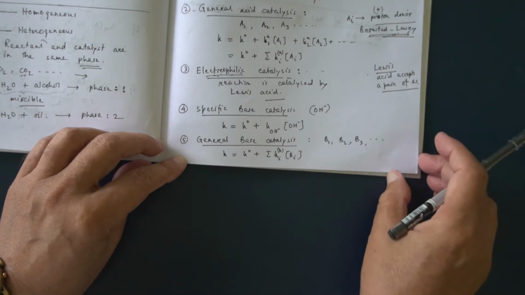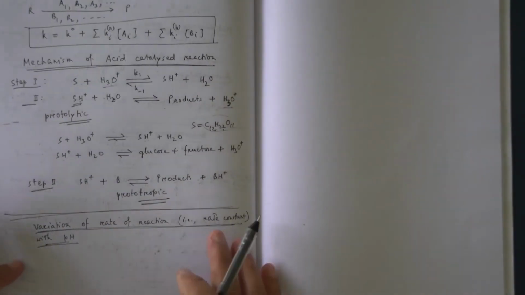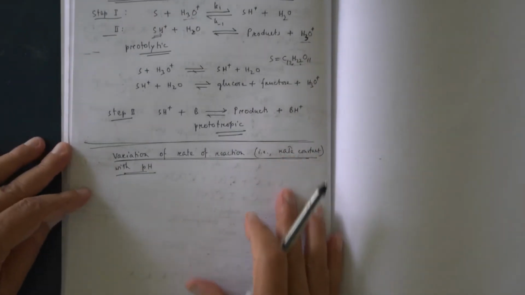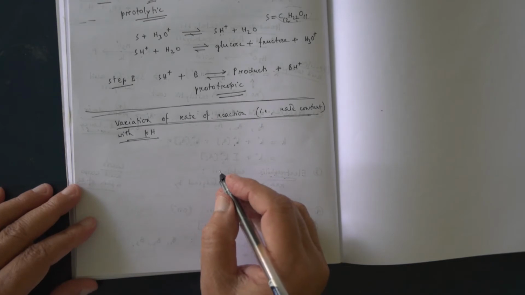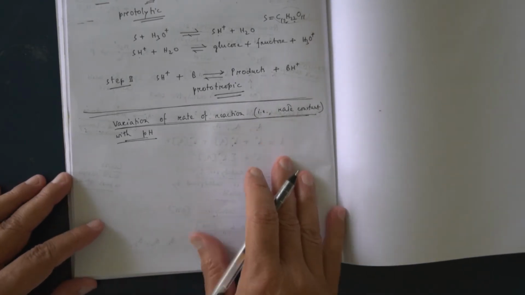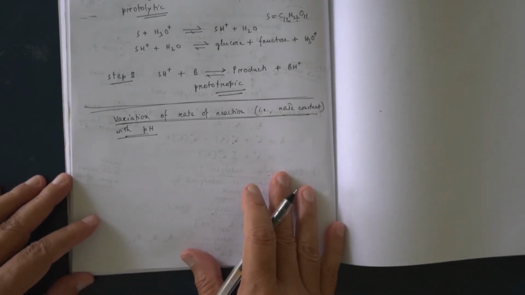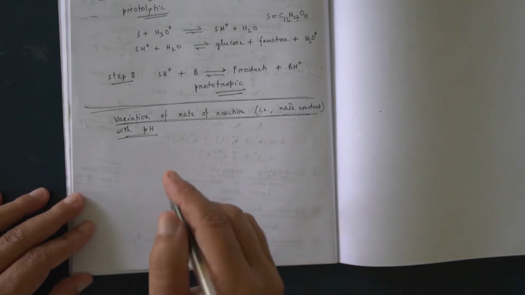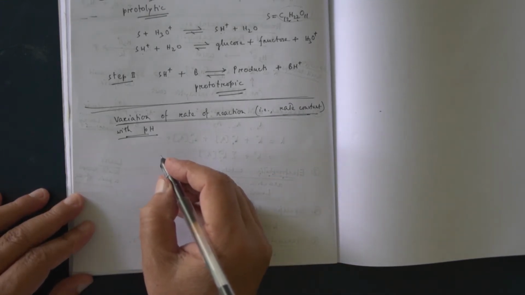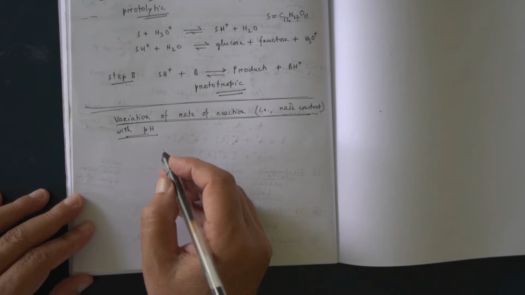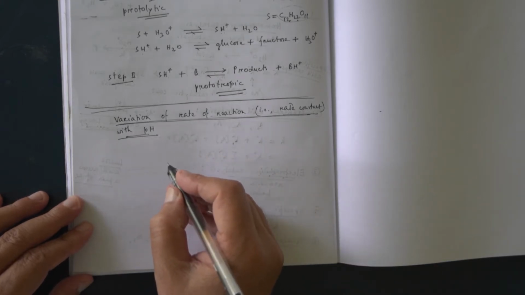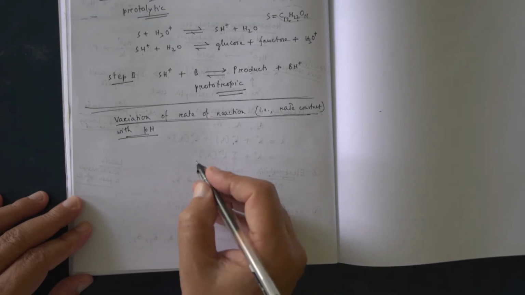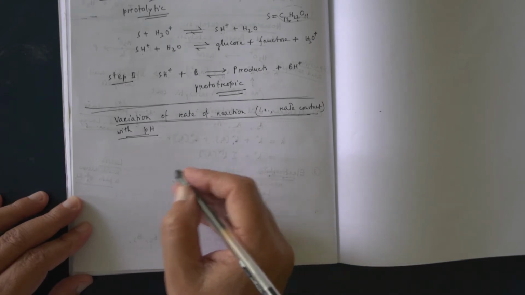Now suppose the reaction is catalyzed by hydronium ion and hydroxide ion at the same time. That means specific acid catalysis and specific base catalysis at the same time.